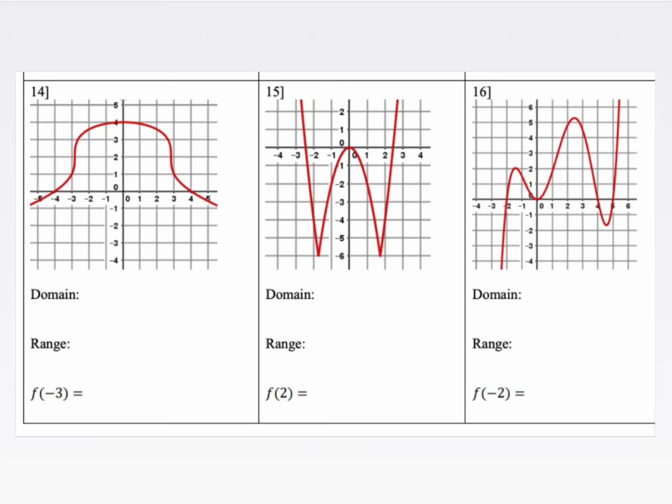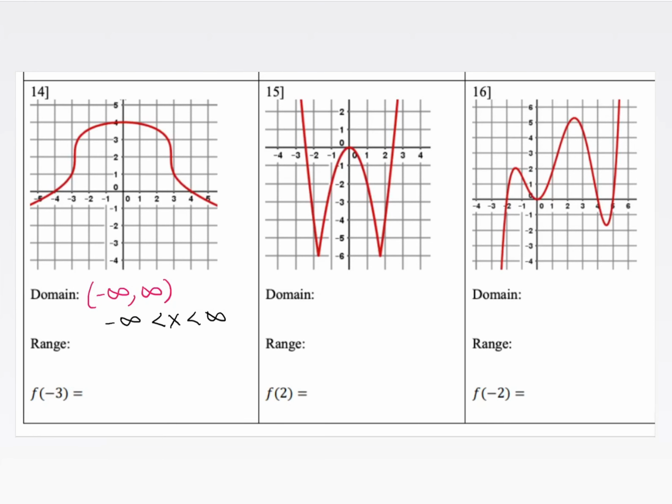Okay, last few examples. Here we have this curve. If we look all the way to the left and all the way to the right for our domain, it goes off the page. So our domain is actually from -infinity to +infinity. So in inequality notation, we have -infinity is less than x, which is less than +infinity.